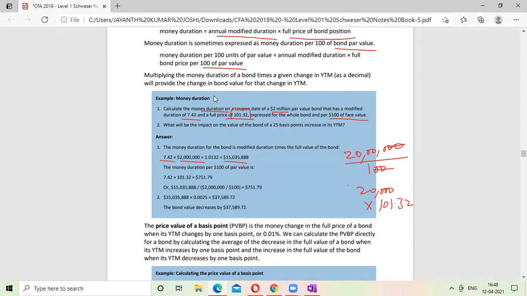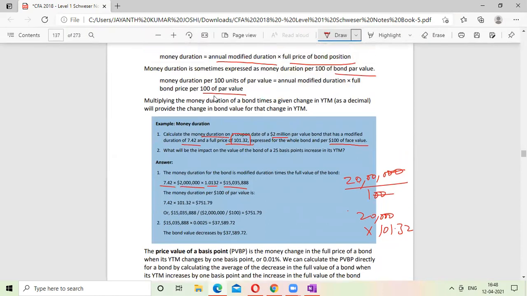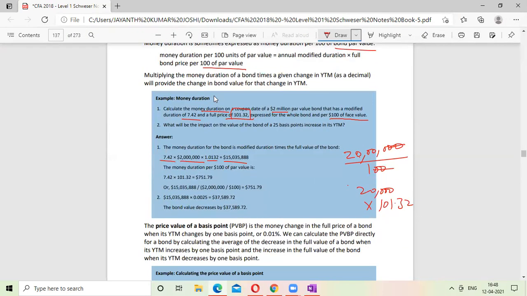Or else, if you take the $2 million, you change the amount to per unit wise. What I mean to say by per unit wise is that you get the full price of the bond position if you take this per $100. Now, money duration per $100 par value is this. This is per $100 par value.